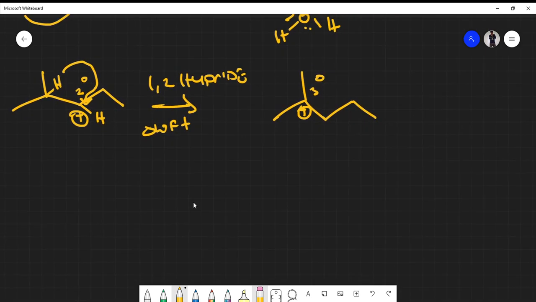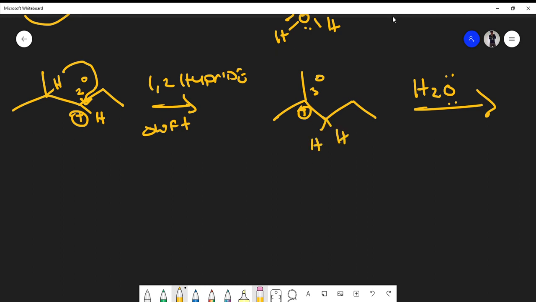Now, because that is the case, in the last step of the reaction, remember we formed water in solution, so water is going to come in and act as a base and take off the adjacent hydrogen to give us the Zaitsev product. Obviously the Hofmann product is possible here with these hydrogens, but we're really talking about the major product of these reactions.